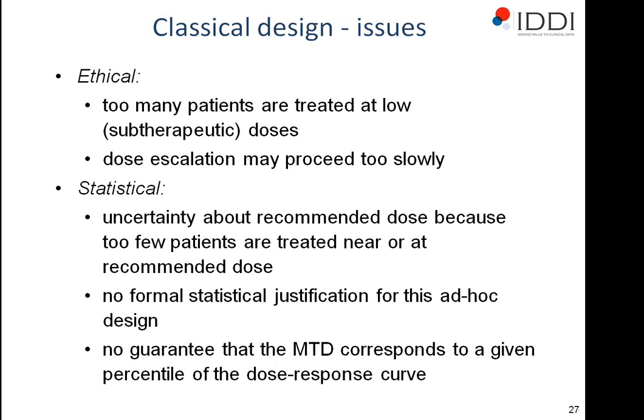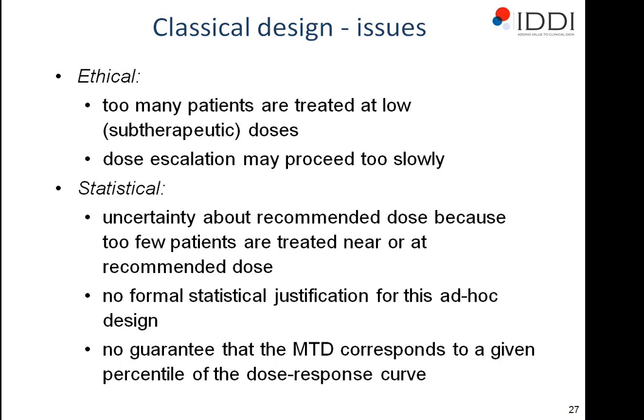Now, from the ethical point of view, it appears that there are too many patients who are treated at low or subtherapeutic doses, and this is an exemplification of the tension which Everardo mentioned: patients or clinicians expect some benefit from the treatment in phase 1, and if you give patients a subtherapeutic dose, the benefit is unlikely.